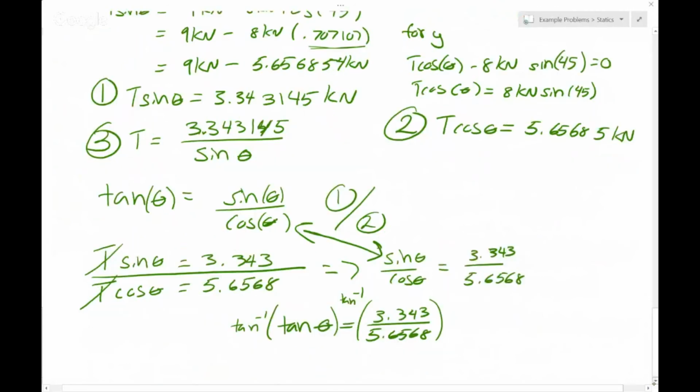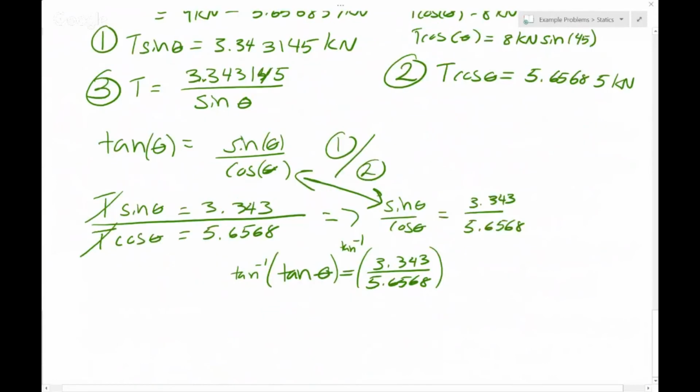sometimes called arctan, and then end up with our angle theta being equal to the tangent inverse of 3.343 divided by 5.6568.